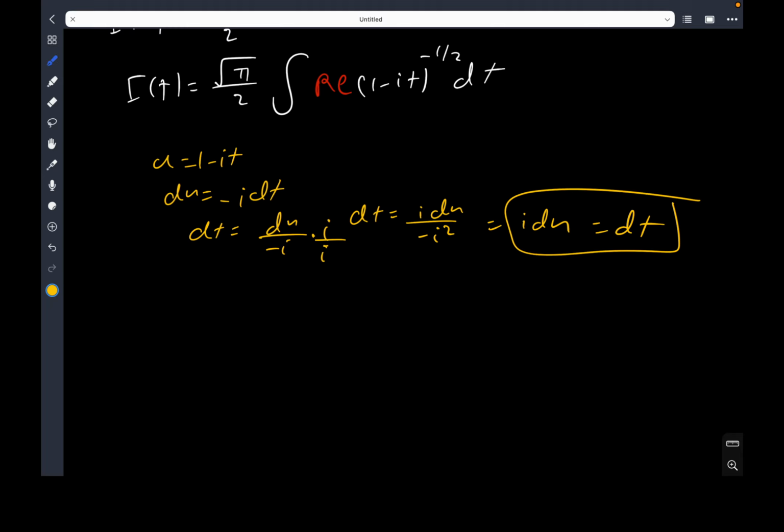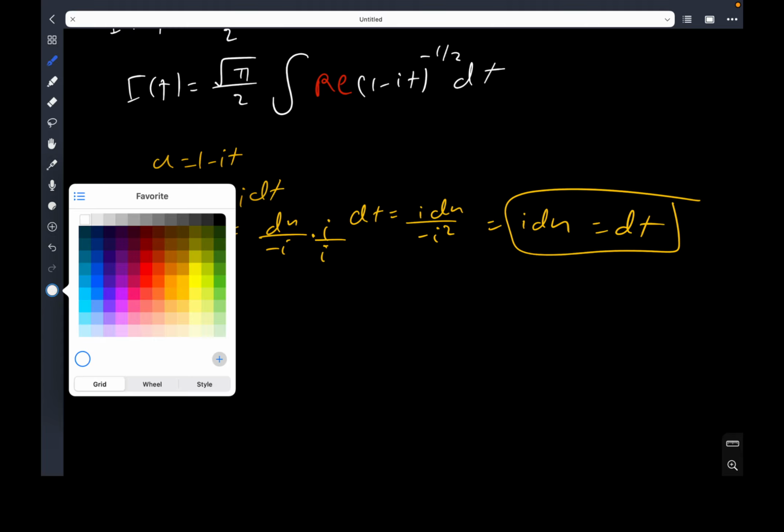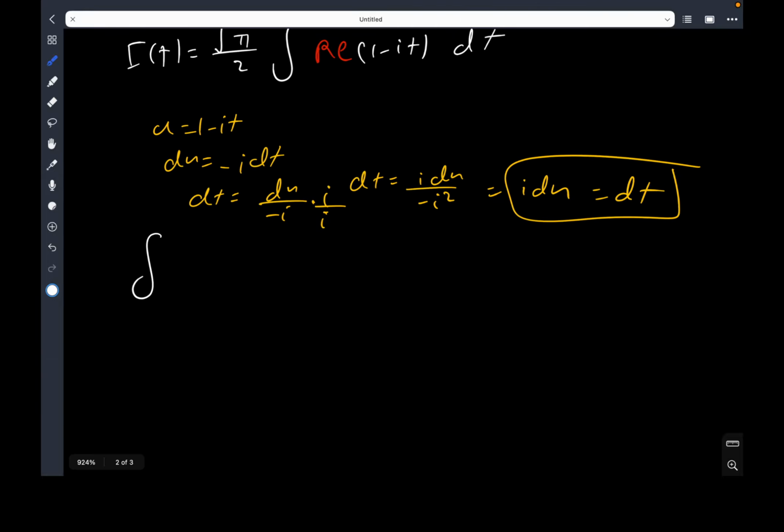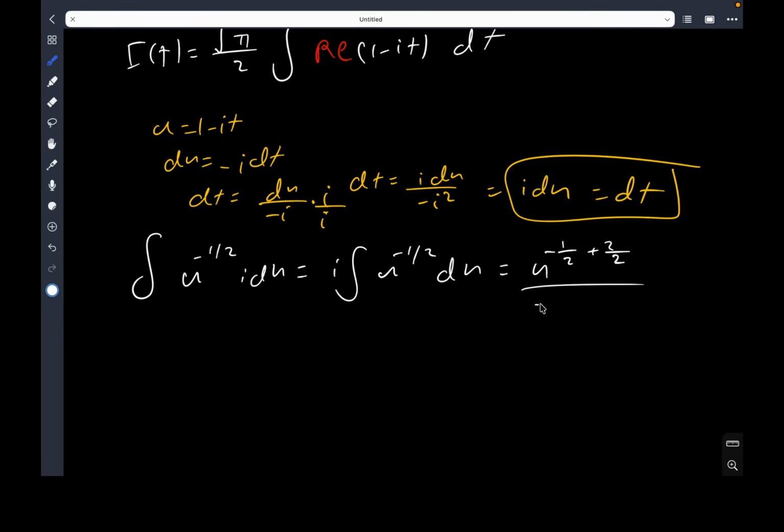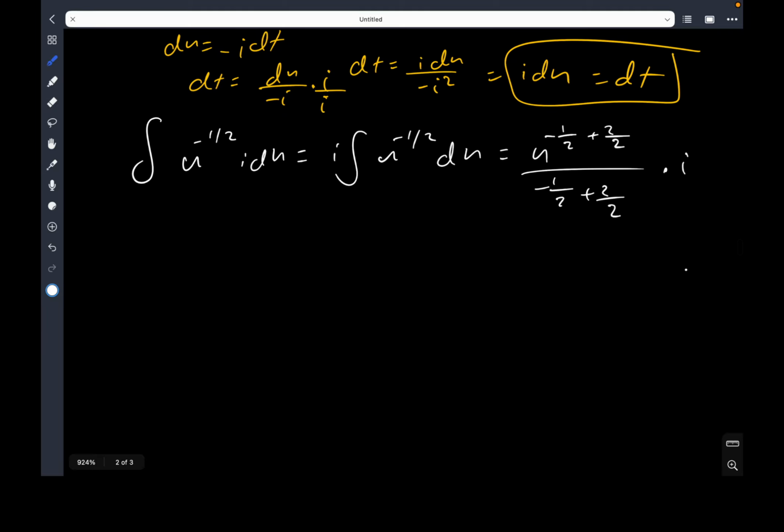So integrating this gives u to the negative half i du, which is u to the negative half plus 2 over 2, negative half plus 2 over 2 times i, which is going to be 2i u to the half.